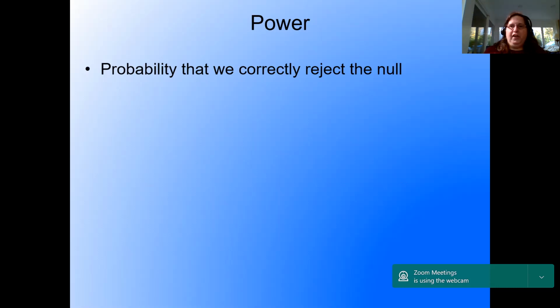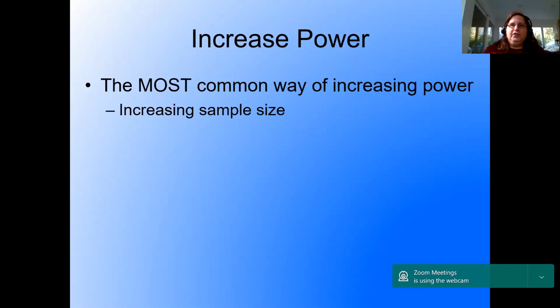We can increase alpha, which we don't like to do. Or we can increase the sample size, and increasing the sample size is the most common way of increasing our power.